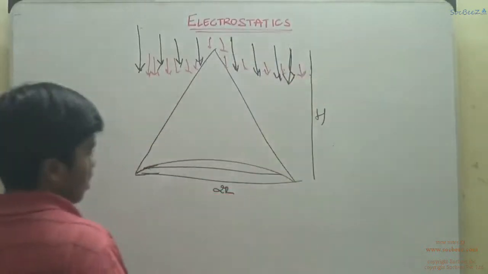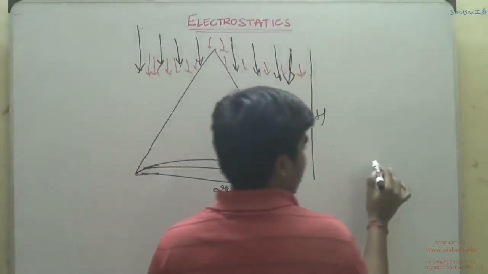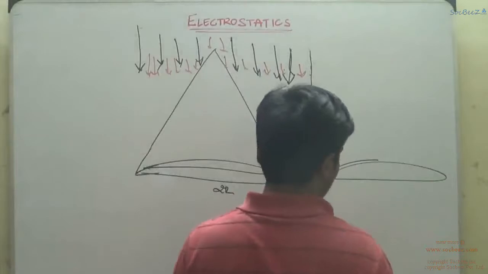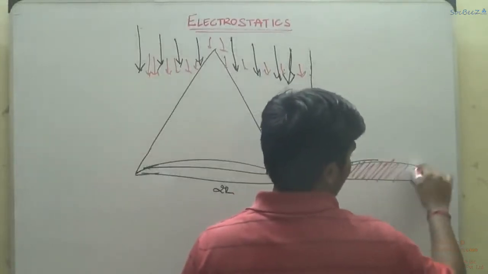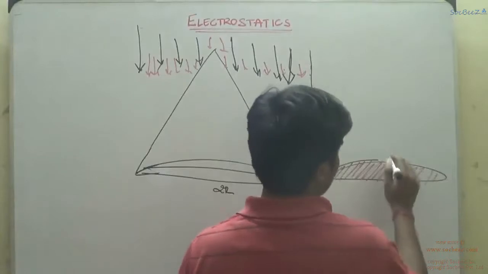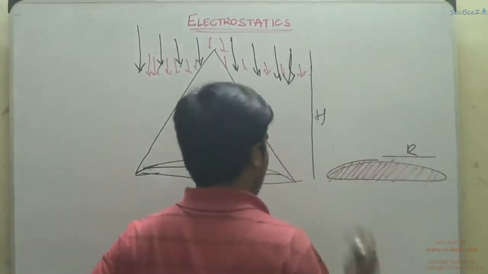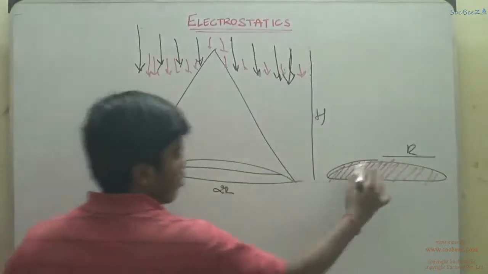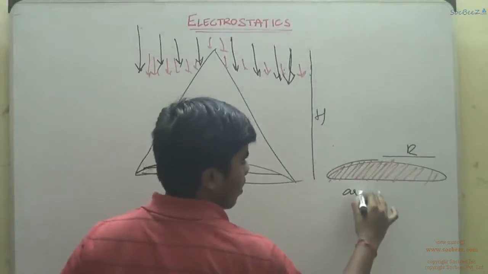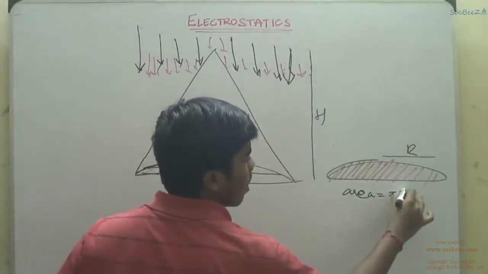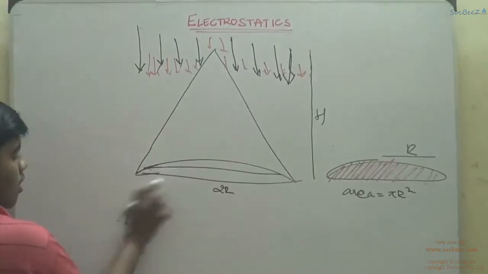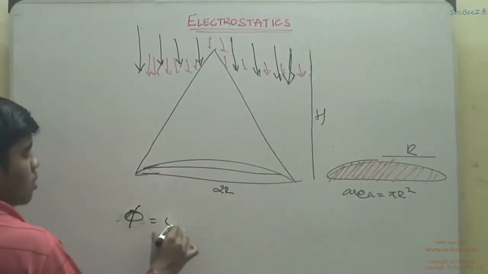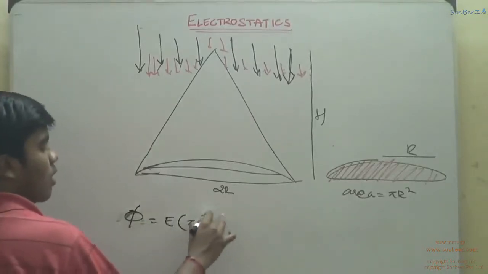We will get the projection in this way. So what would be the area of this? This would be a circle and the area would be pi r square. So the flux through the surface is equal to E times pi r square.